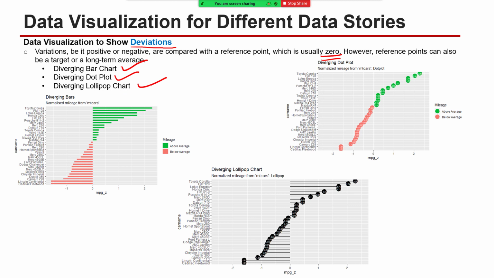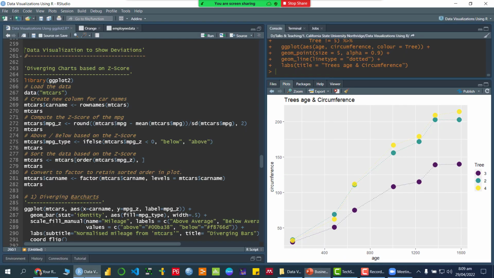So basically the objective of all three plots is the same. That objective is, from the reference point, we want to see which data points are above that reference point and which are below it. For that, I'm again using a built-in data set, which is the mtcars data.